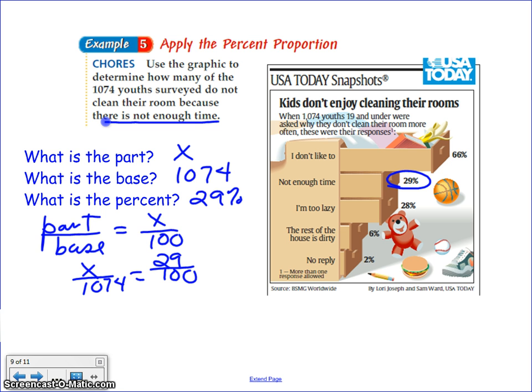I'm not going to do the multiplication on this one, but you will cross multiply and solve and find out how many youths don't clean their room because they don't have enough time. I'd like you to solve the rest of this problem on your paper and have an answer for me for next class.